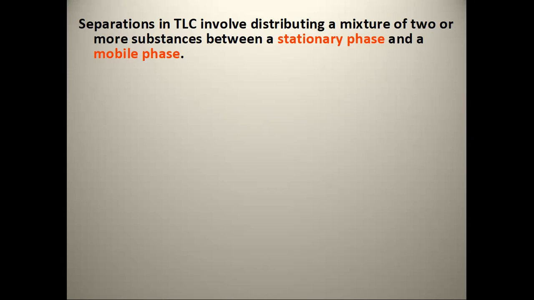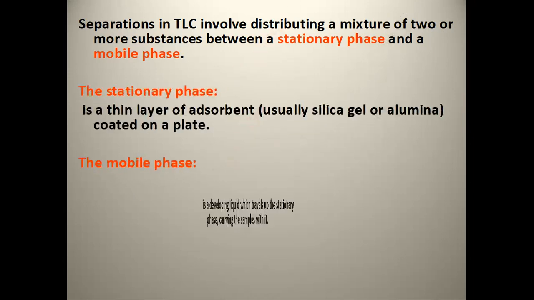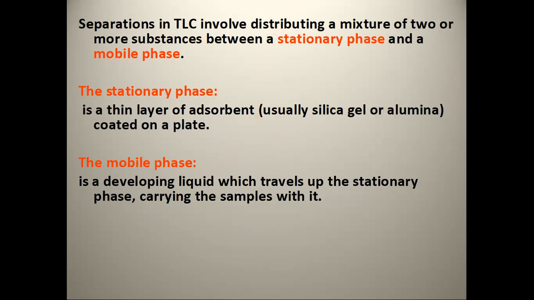So you distribute a mixture of two or more substances there. So in this case, the stationary phase is a thin layer of adsorbent. So you use silica gel or alumina. And you have the mobile phase. It is a developing liquid which travels up the stationary phase. So this is the solvent.